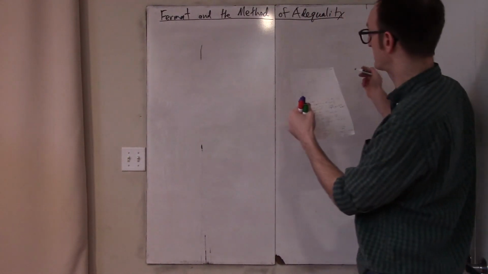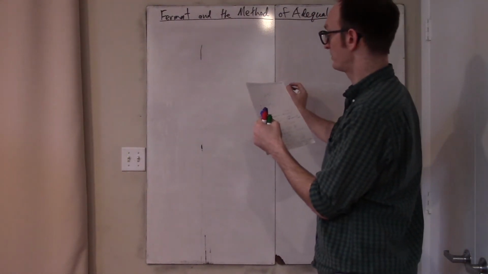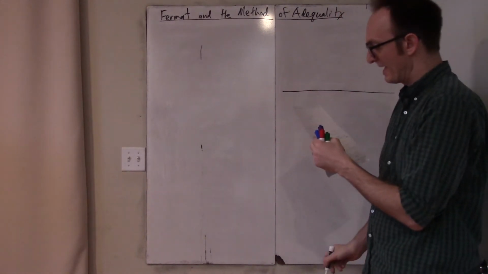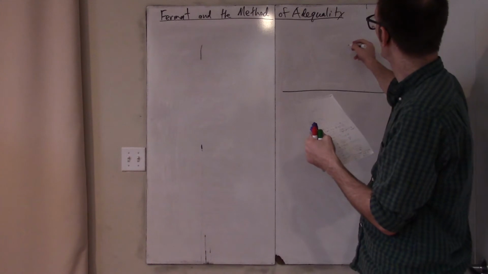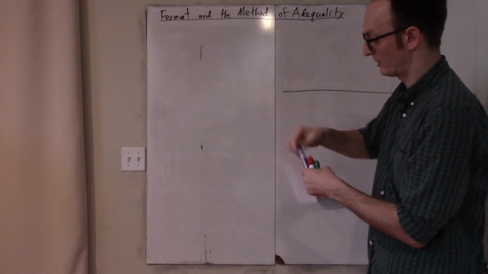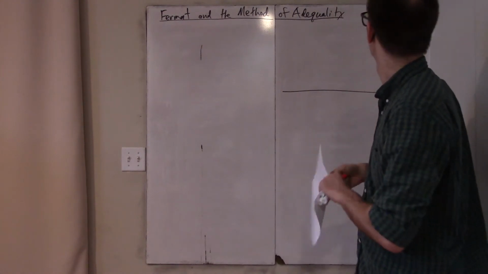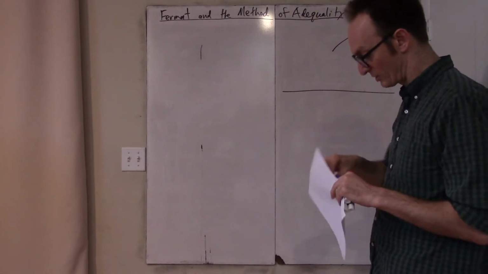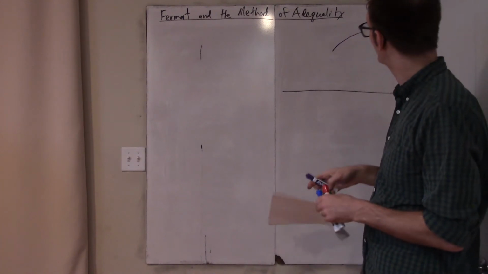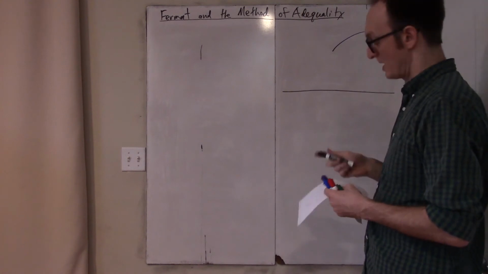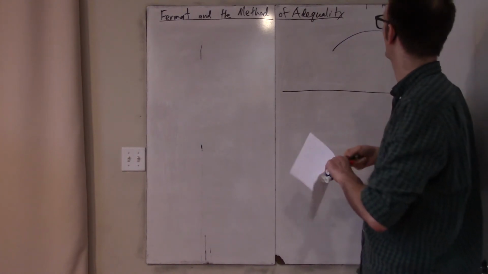I have some horizontal axis. I have some curve. Maybe I should make my curve in a certain color. So the curve maybe is like this. So that's my curve. And says Fermat, choose a particular point on this curve.